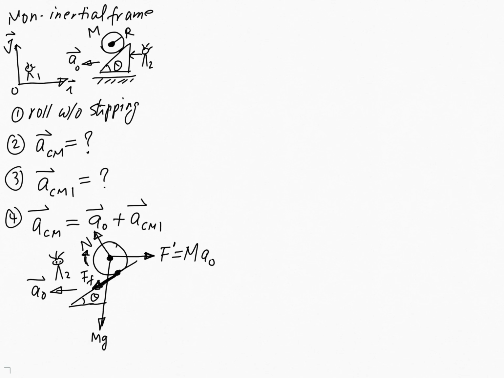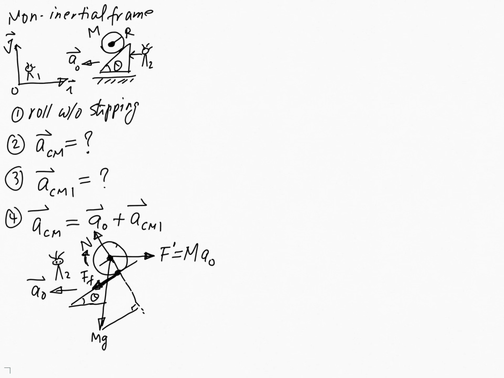So based on that understanding, now let's write down some of the basic Newton's equations. First of all, let's decompose all the forces into two directions. One is the direction perpendicular to the surface.